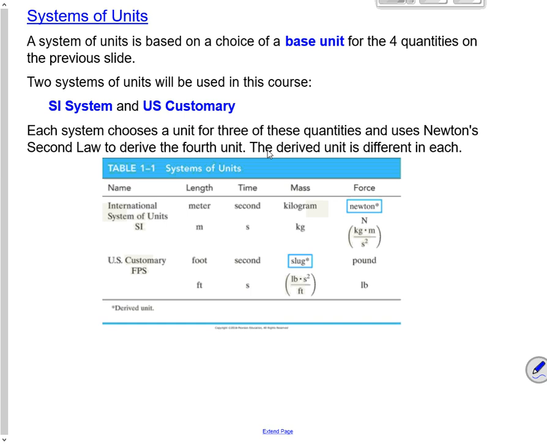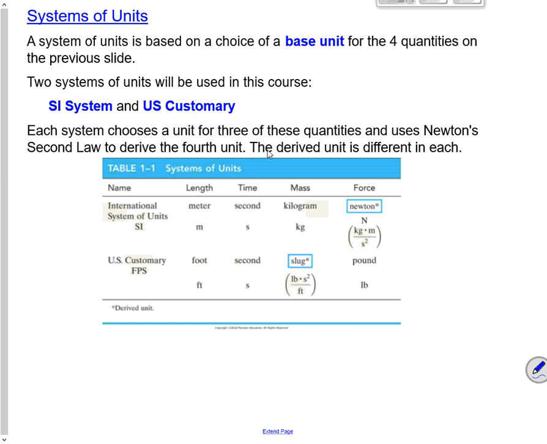So the way a system of units works is I choose a base unit for the 4 quantities on the previous slide. In this course, we're going to use 2 different types of units. We're going to use SI units, which are System International, that's metric system. And then we'll use US customary units. And there's a slight difference between the two because there's only 4 units that we have to define. But in reality, I only define 3 of them, and then the 4th is determined by Newton's second law.